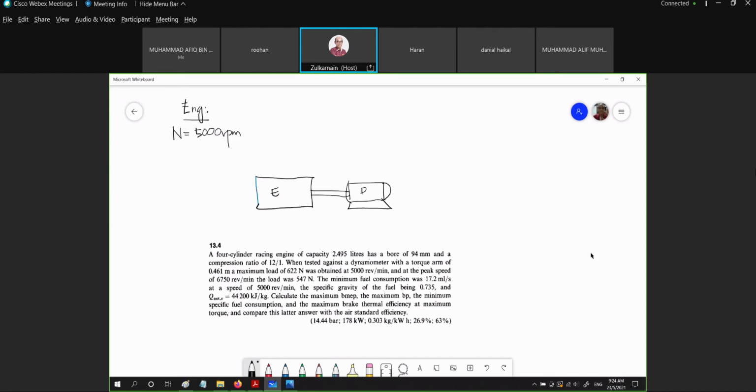So at this RPM, the force obtained from the testing is 622 Newton.